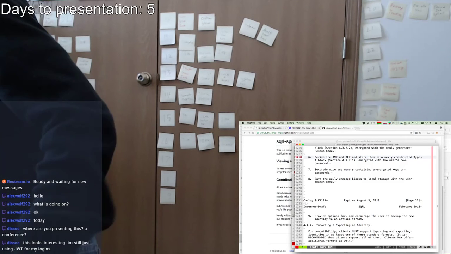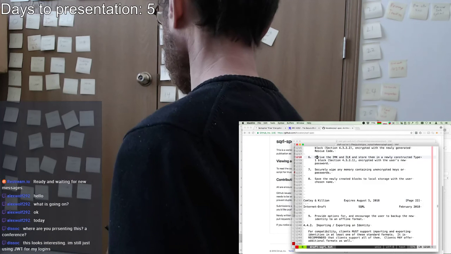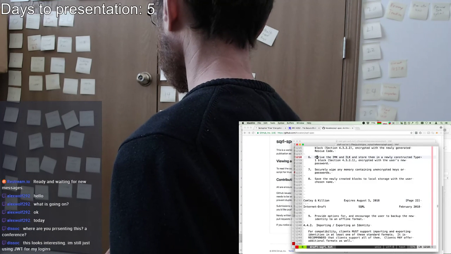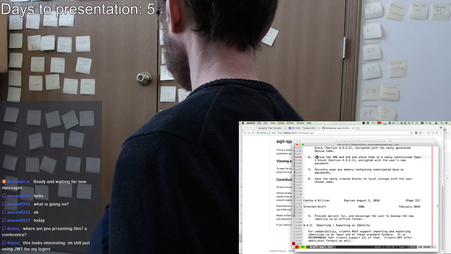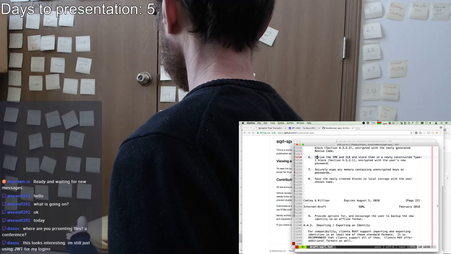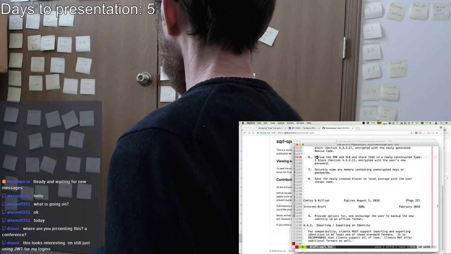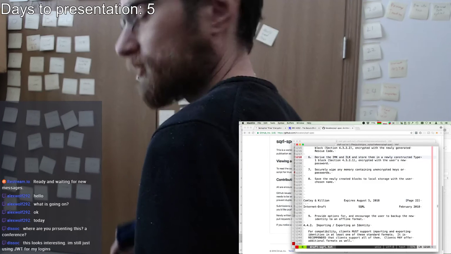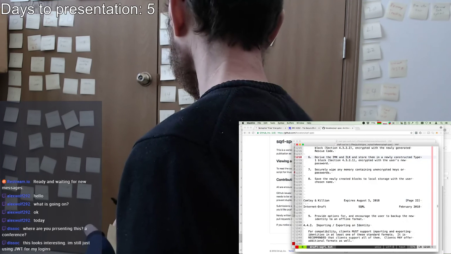So it's not just a recovery code here. It is loss of user info. This is recovery code plus backup.